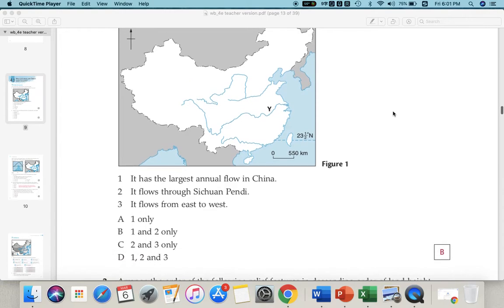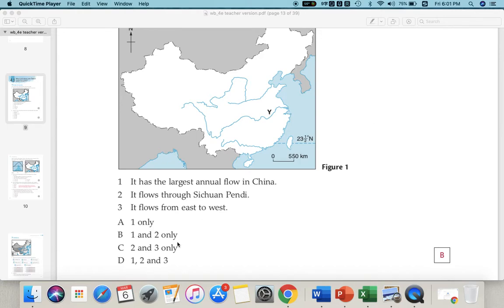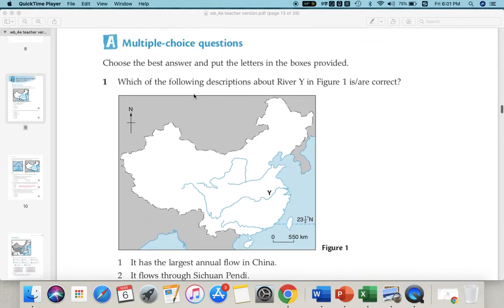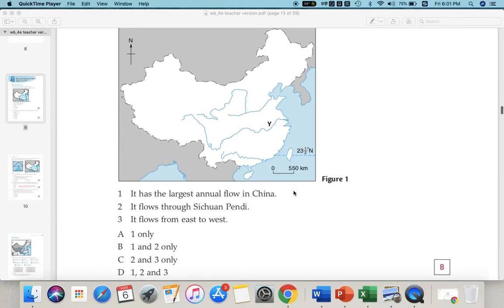Okay, question one. It asks you which of the following descriptions of River Y, that is this one, the Changjiang, is correct. So number one is correct. It has the largest annual flow in China, and it flows through the Sichuan Pendi.